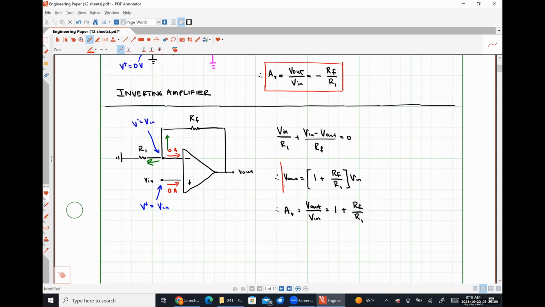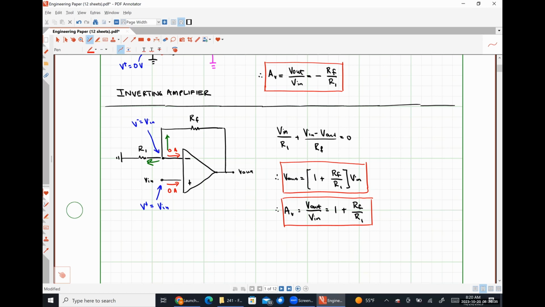So let's talk a little bit about this guy. Our previous amplifier was capable of achieving both amplification, making our output signal larger than our input signal, and attenuation, which is making our output signal smaller than our input signal.